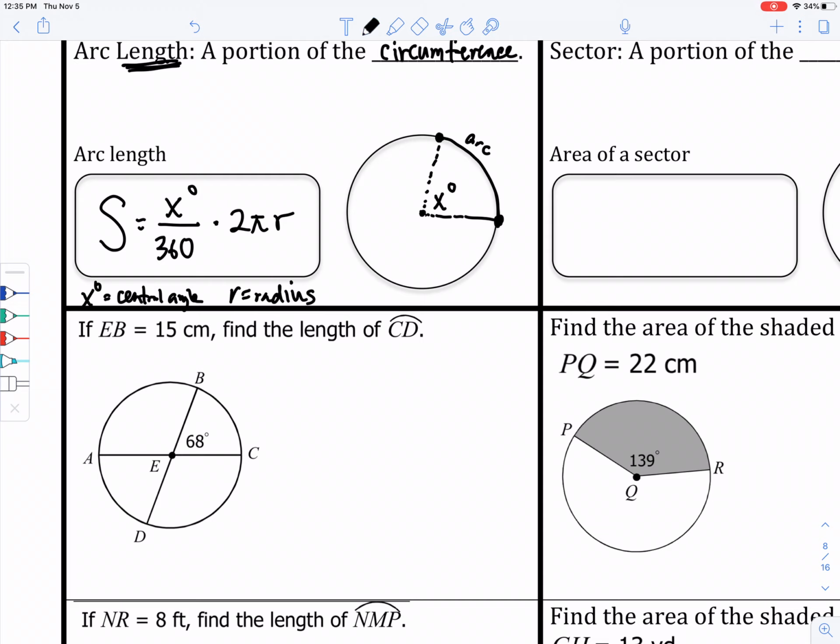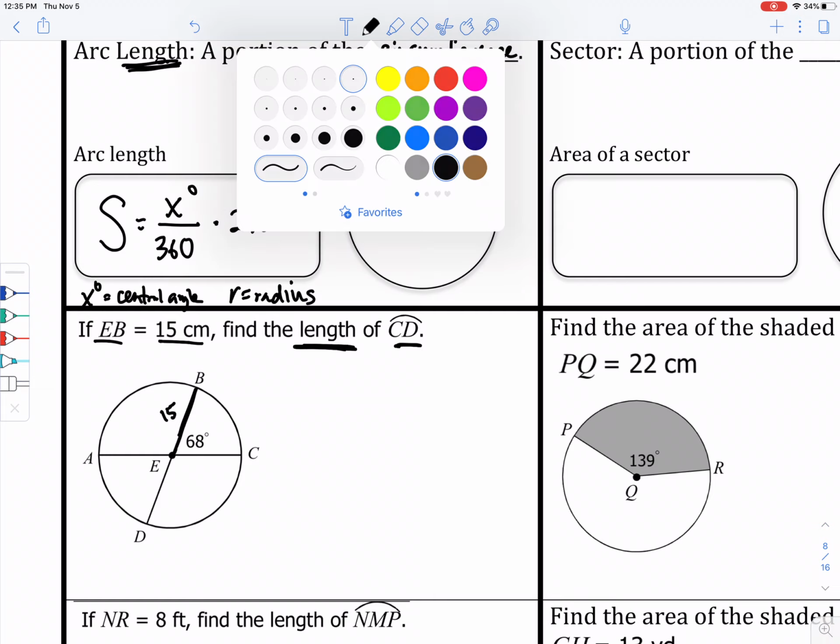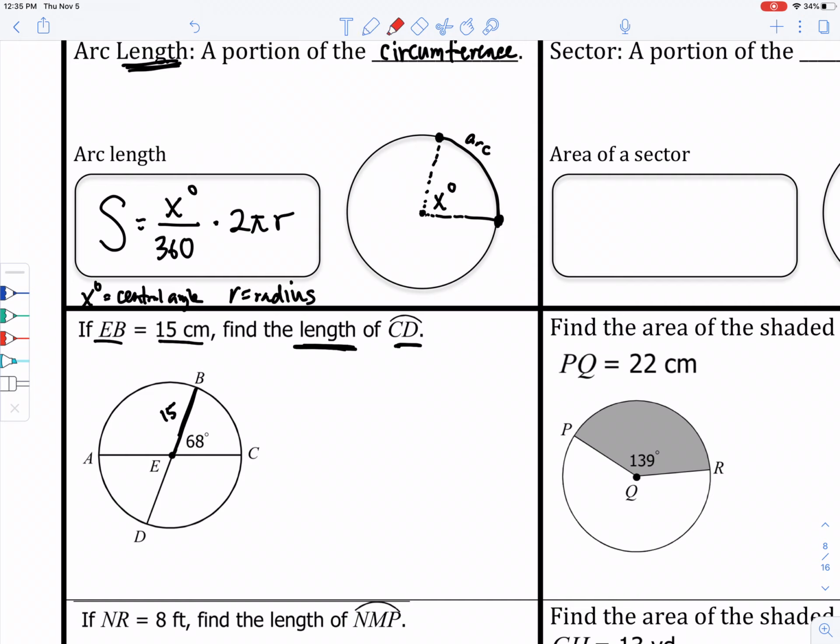Okay. So example number 1, EB is 15 centimeters. So I'm going to label that EB is 15 centimeters, and I can see EB is my radius. We want to find the length of CD.